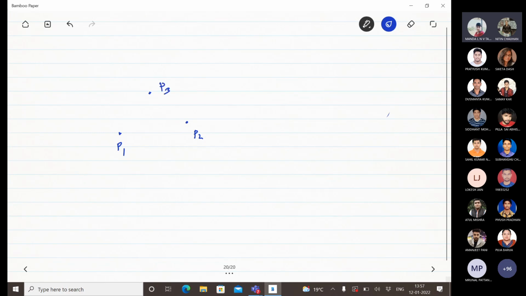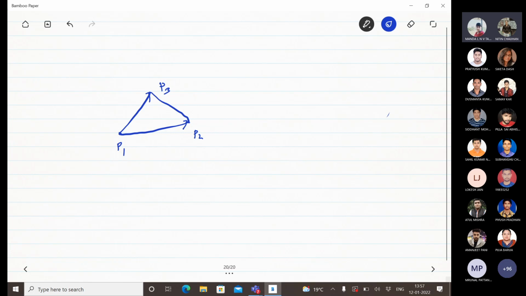Using the concept of cross product, can you find the area of this triangle? Yes, you can easily find it. Let's consider this is one vector, and this is another vector.